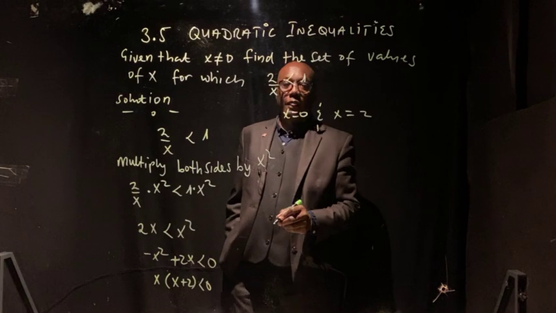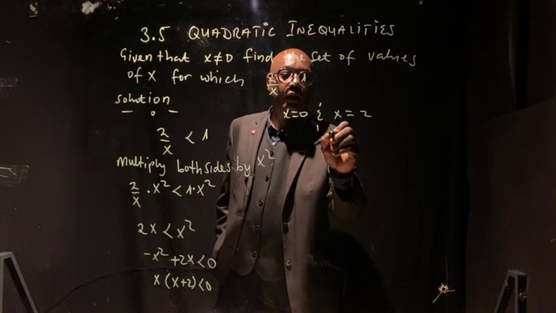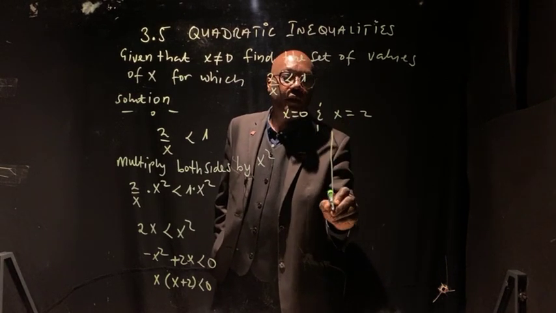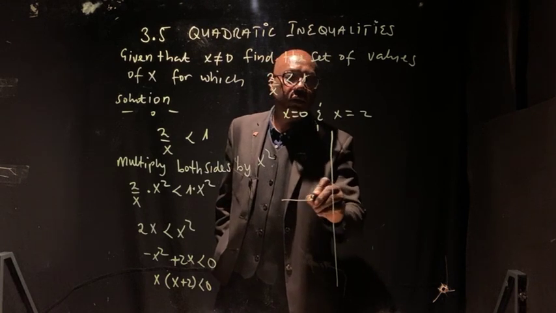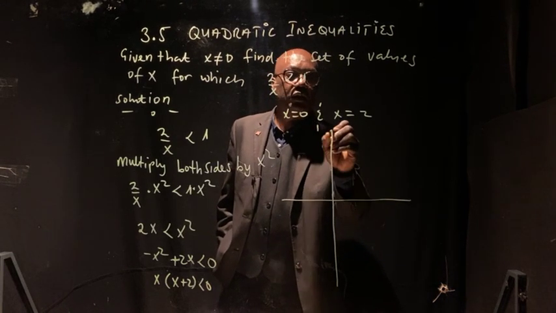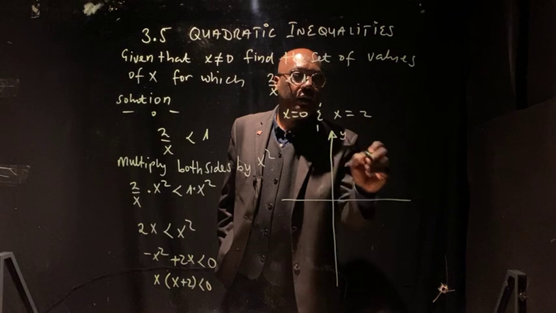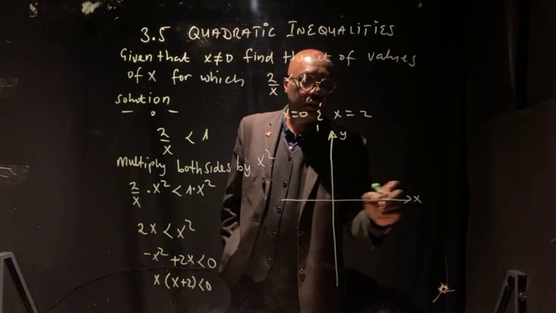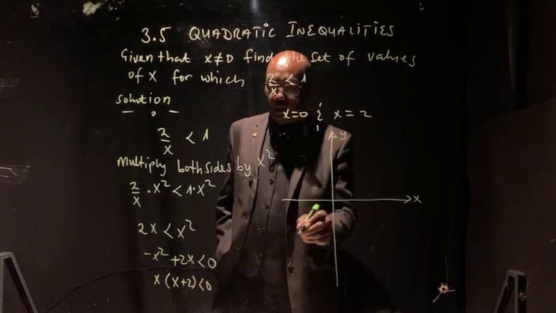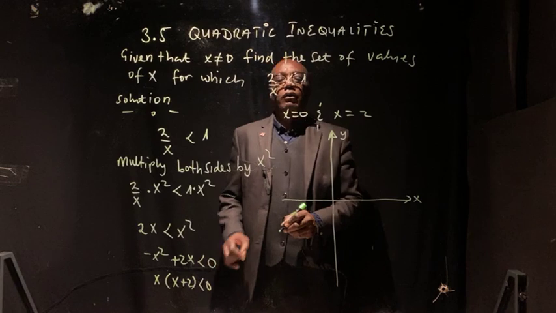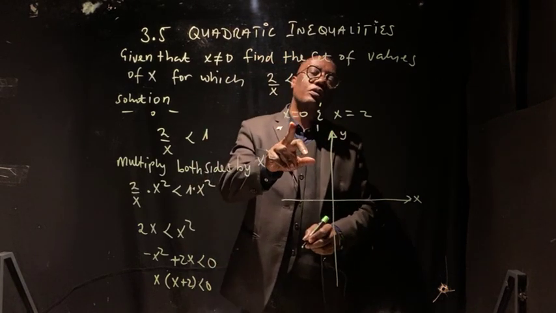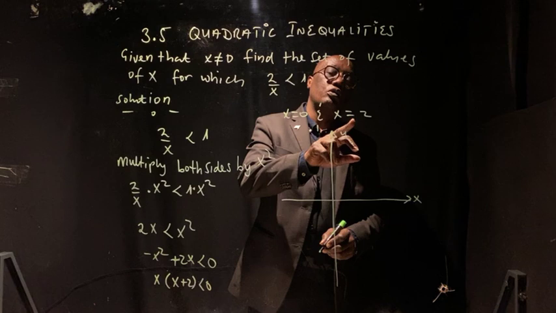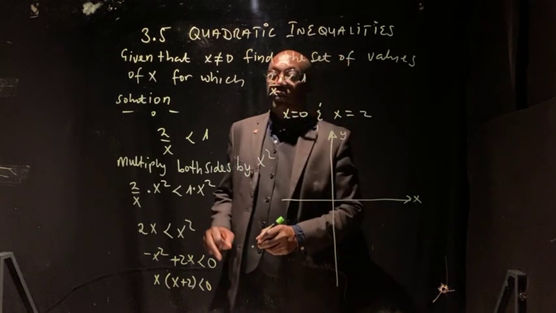Very good. So this will be the graph. In fact, this approach is a moderate approach. This is the y-axis, this is the x-axis, and this is possibly the origin. The curve will cross the x-axis where x equals 0 and where x equals 2.